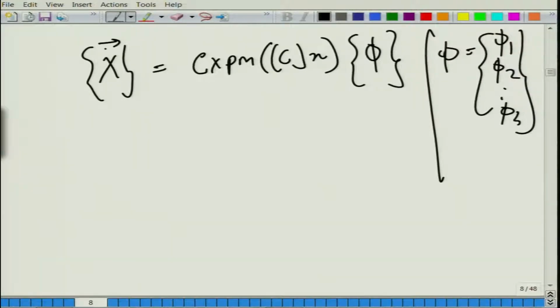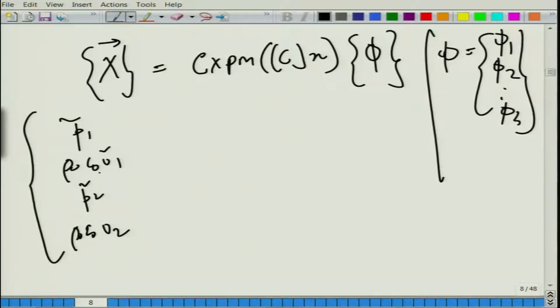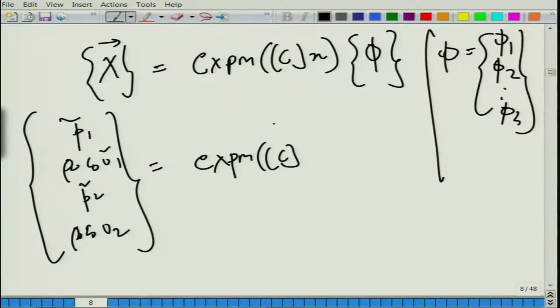So what are those? P1, rho naught C naught u1, P2 tilde and rho naught C naught u2 are equal to this matrix. At x equal to 0, I just have to put 0, so expm to the power 0 will just give me the I matrix.